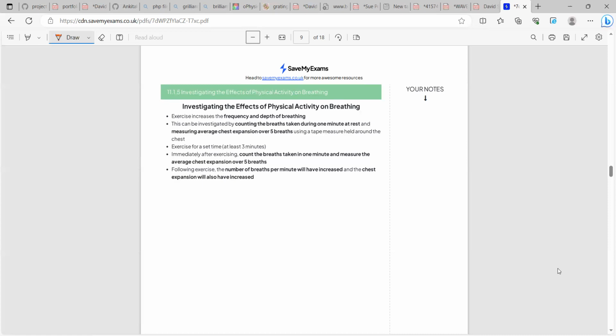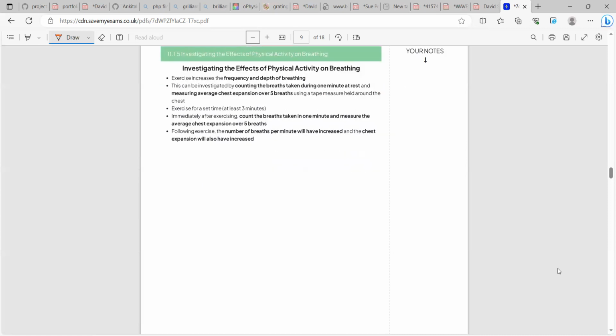All right. This can be investigated by continuing the breaths after taking 1 minute at rest and then measuring the average chest expansion over 5 beats. So you can do this experiment, but it's not really necessary.